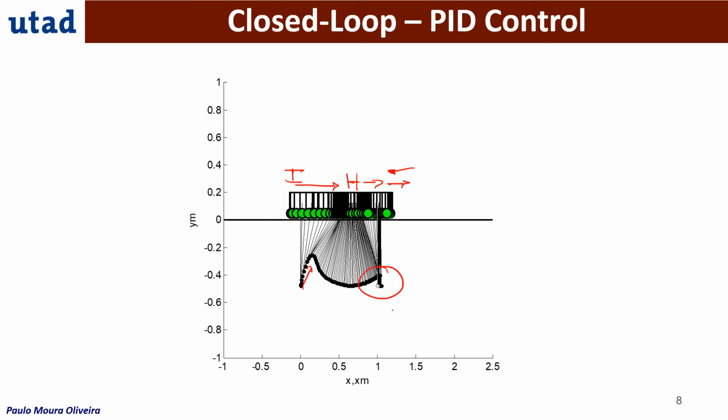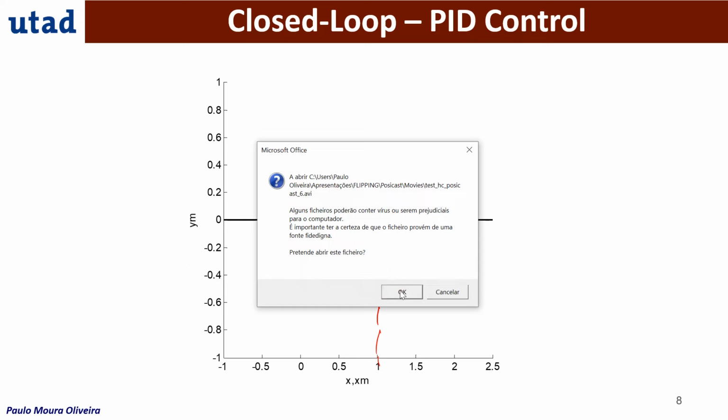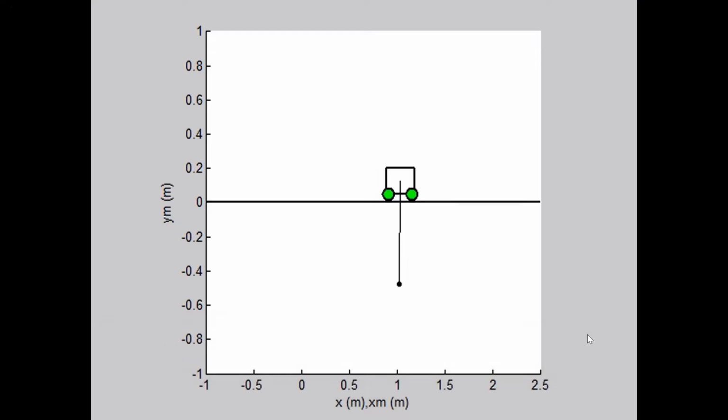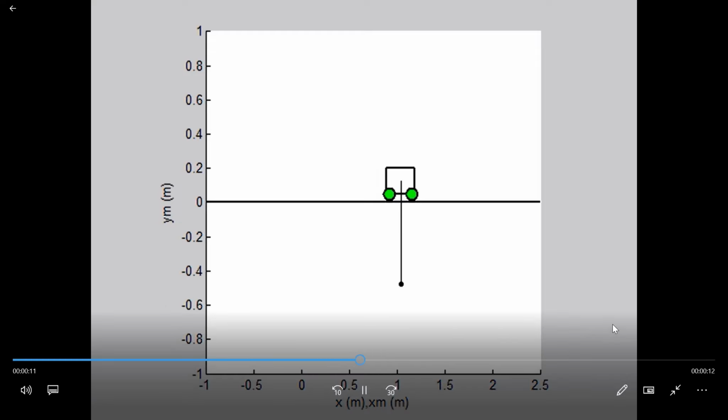So the final position here is really at 1 meter. I'm going to show you the video. You can see a big oscillation, and then it goes to the final position and quickly positions the trolley. So this is quite nice, apart from the wide oscillations that we cannot have, as you are going to see in the next slide.